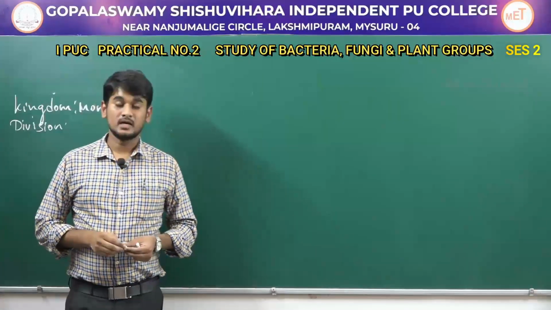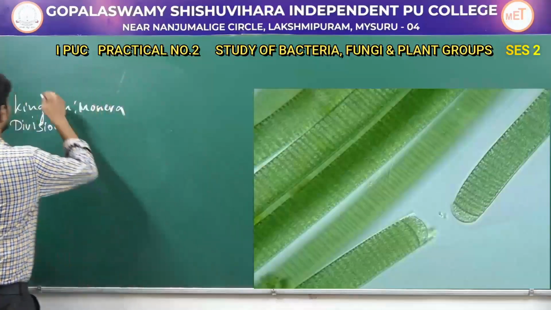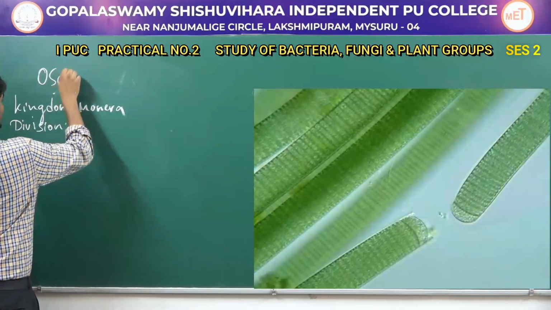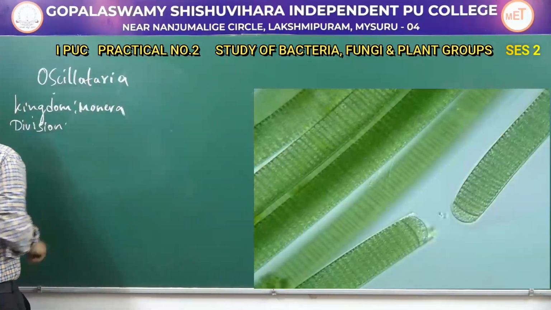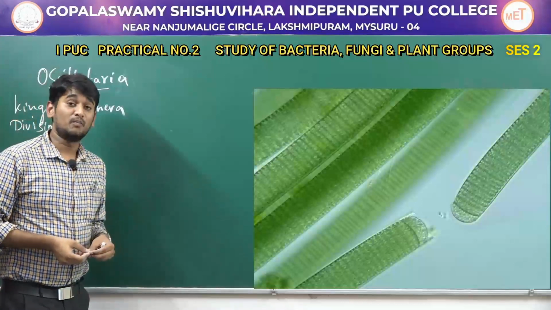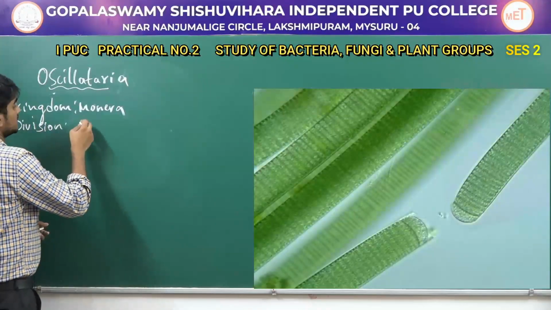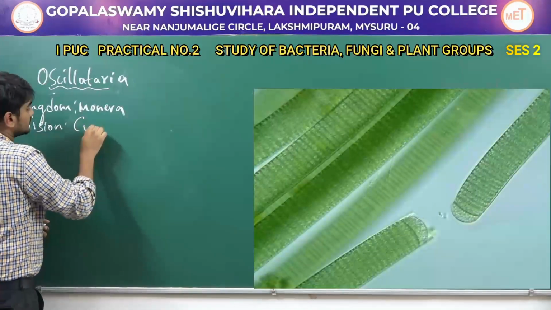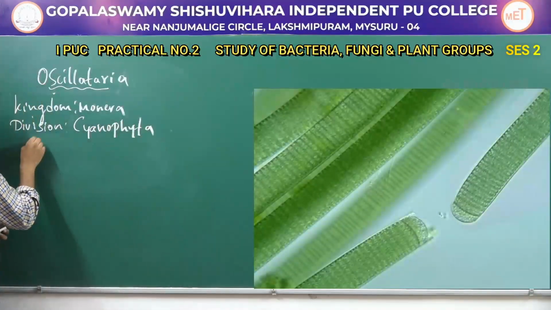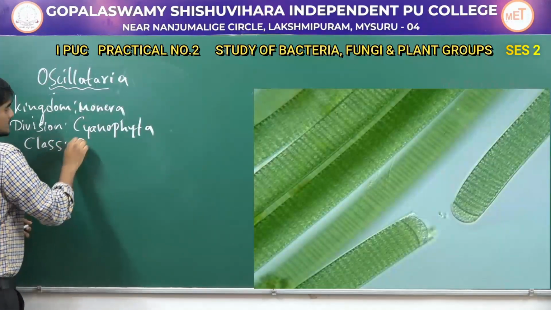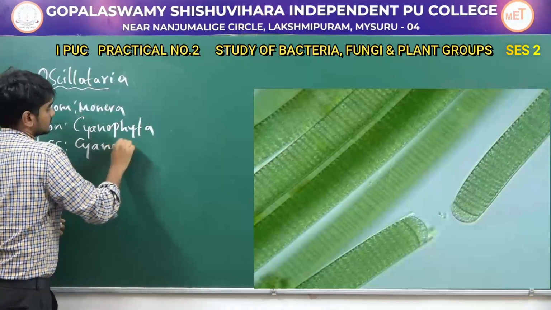The next one is Oscillatoria. This also comes under the kingdom Monera, division Cyanophyta, and class Cyanophyceae.